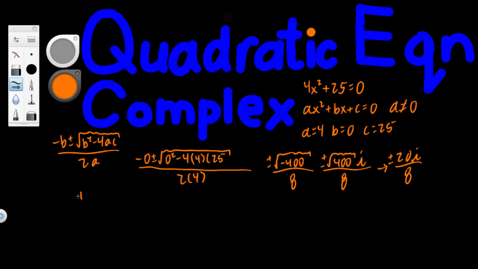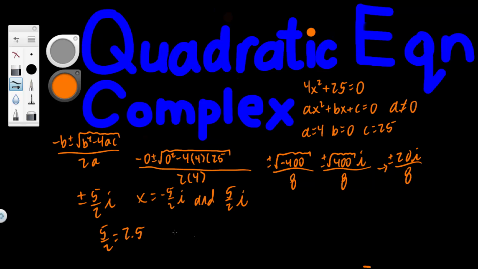So the final answer for the fully worked out number here, instead of going with decimals, is plus or minus 5 halves i. And so this would be x equals negative 5 halves i and 5 halves i. And 5 halves is equal to 2.5.